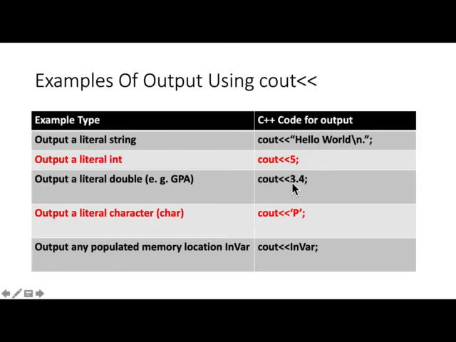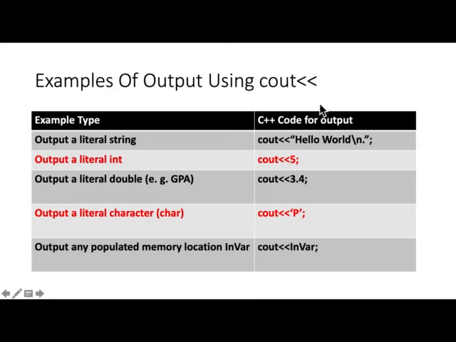Or, sorry, I have a populated variable in var that was already populated by cin and might have gotten modified by doing some processing, and then I output it. In var is a memory location, and then I say cout insertion operator in var.